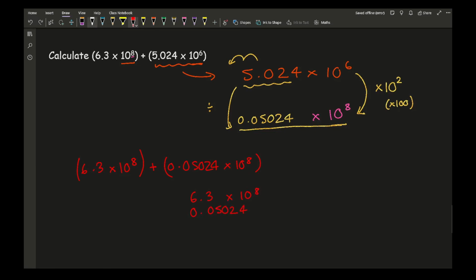Now I can simply add these two numbers together. So what I've got is 42053.6, and the power of 8 will stay the same, and there is my final answer.